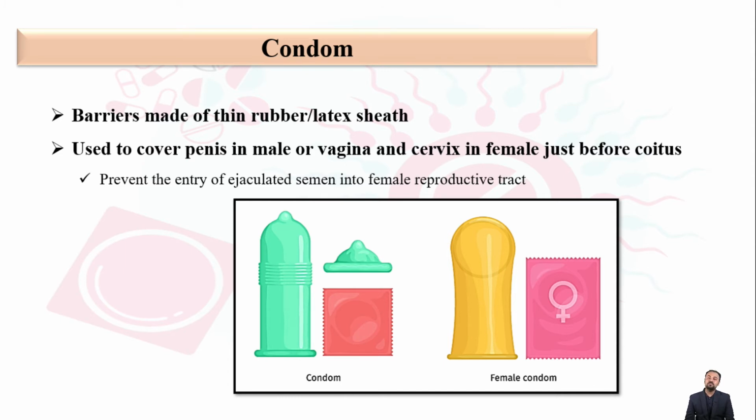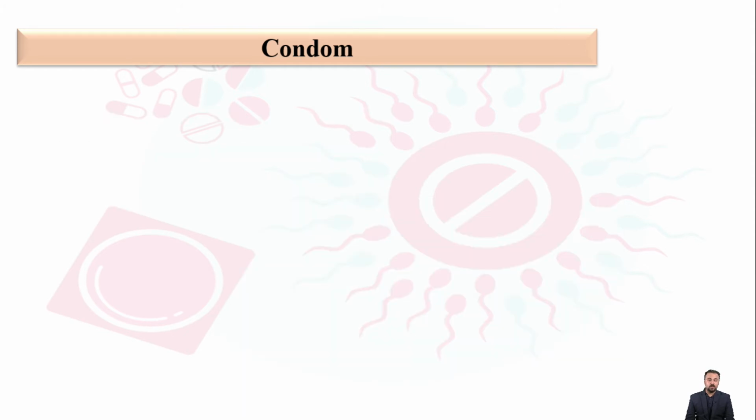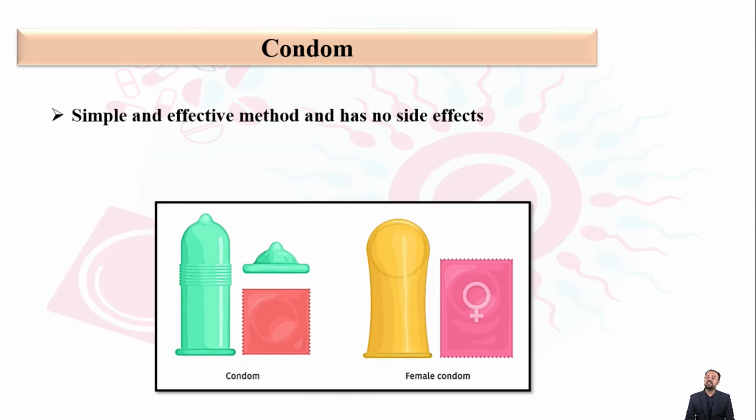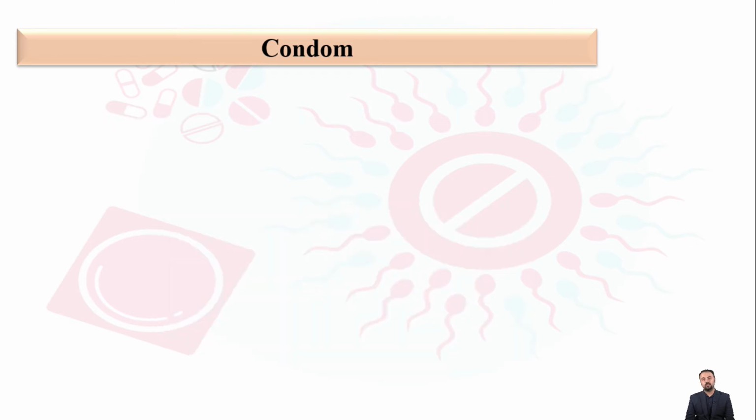Students, condoms are 97% effective, and the 3% of the times when condoms fail is because of some manufacturing problem. Now students, condoms, as I just mentioned, prevent conception, and they also prevent sexually transmitted diseases.